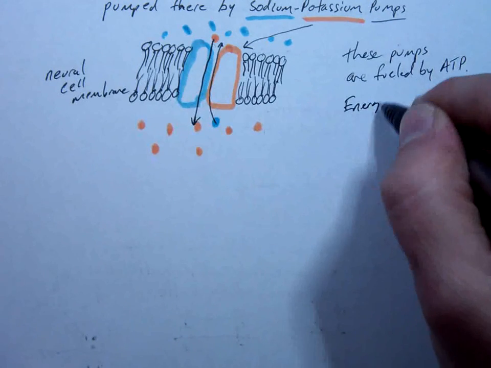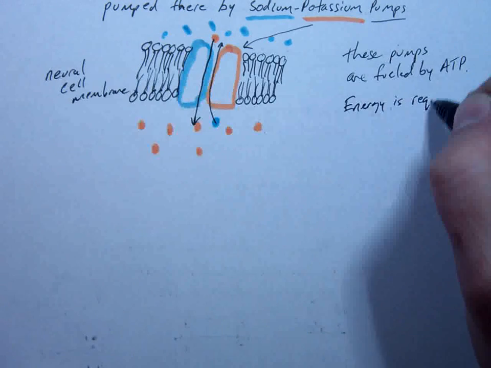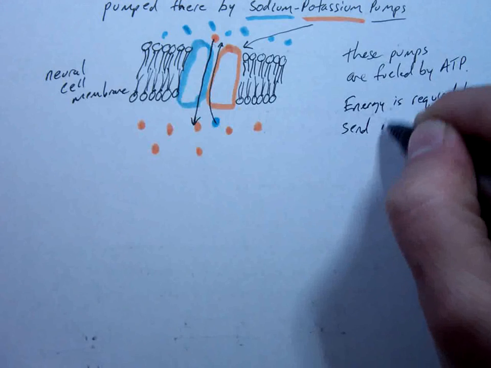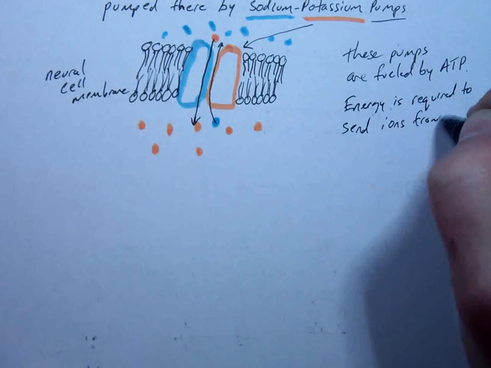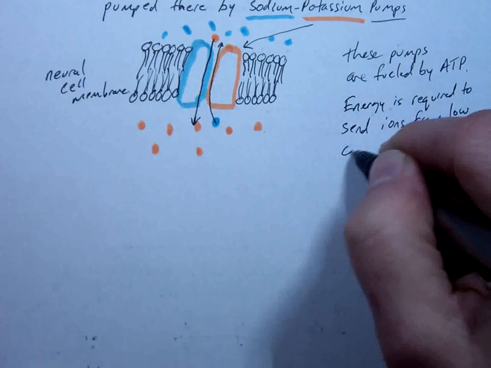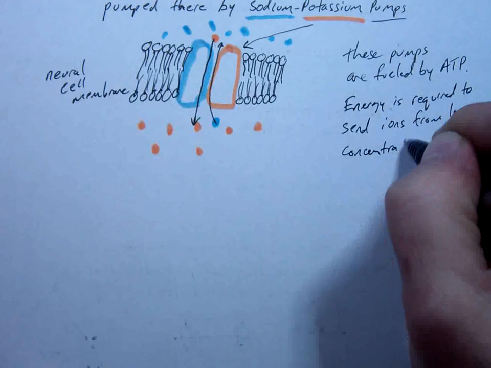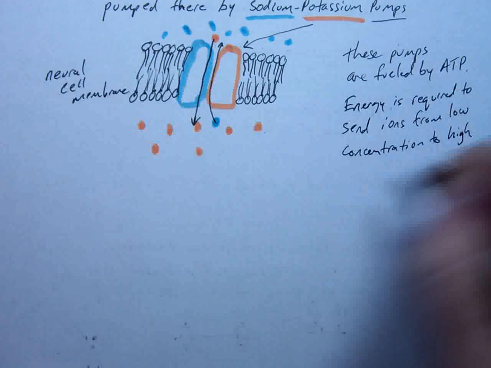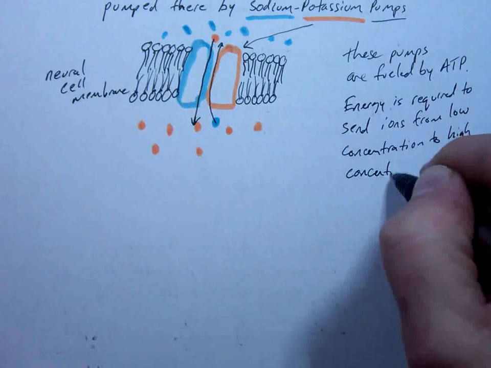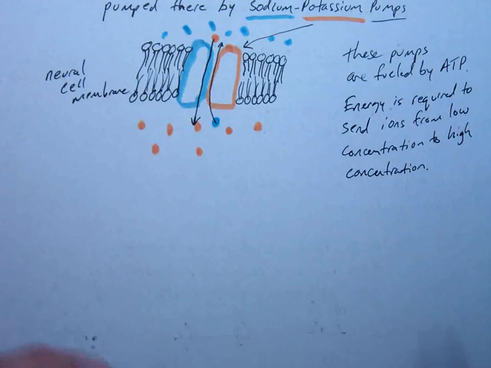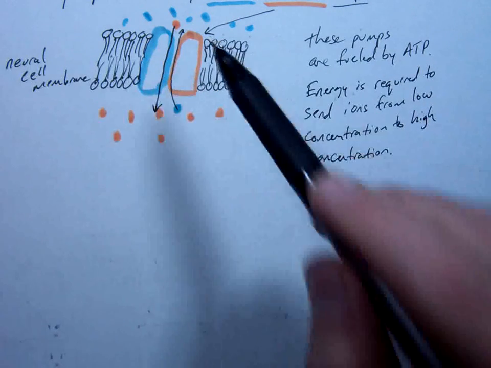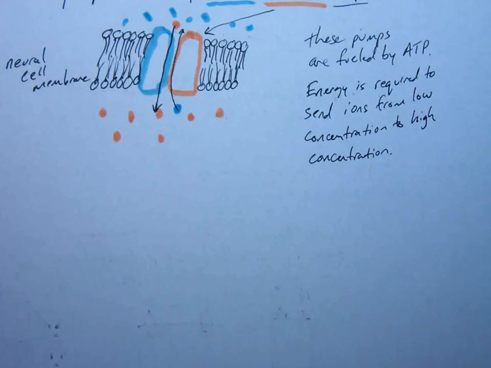Energy is required to send ions, this is important, ions from low concentration to high concentration. There's already a lot of sodium ions out here. It doesn't naturally want to go that way. So it takes energy to pump them in.